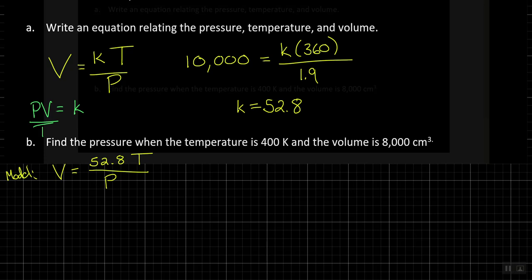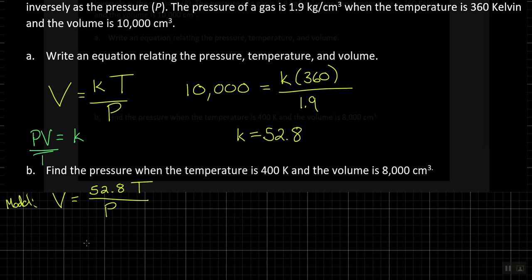I can plug it in one of two ways, and whichever one you want to go with, I'm fine. What do I know the volume is? 8,000, so that would go here, right? 8,000 equals 52.8. What's the temperature? 400. And that's all divided by P.